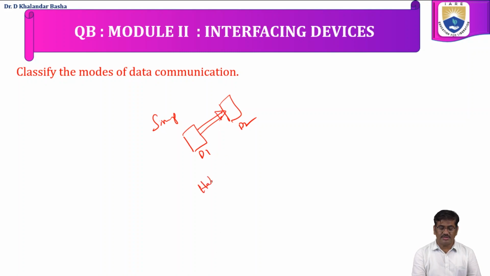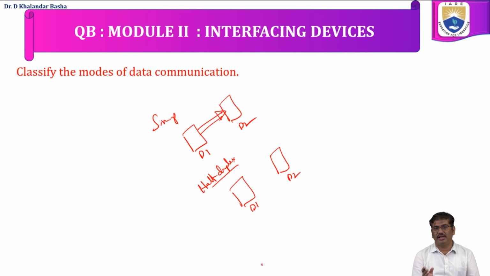The next one is half duplex, where we have two devices, D1 and D2. These two devices can communicate in both directions. That means D1 can send data to D2 as well as D2 can send data to D1. But here we have only one bus for data exchange.